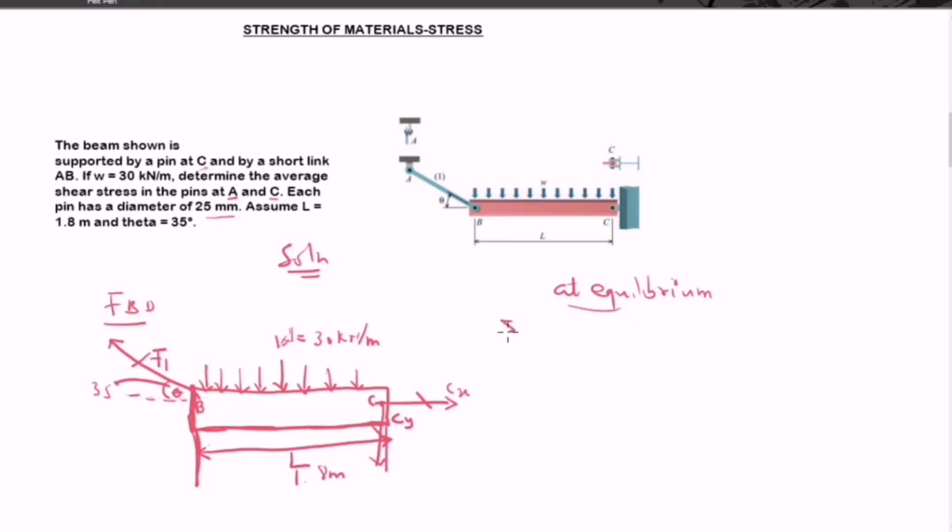The sum of moments, so we are creating a moment at C, should be equal to 0, because that's where we have a lot of reaction forces. So let's generate that.